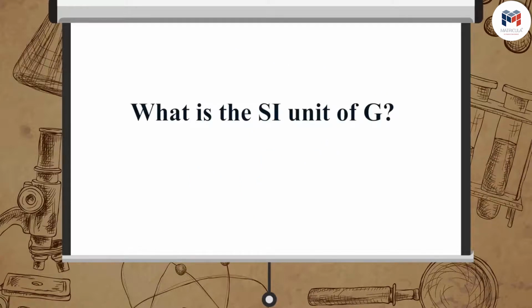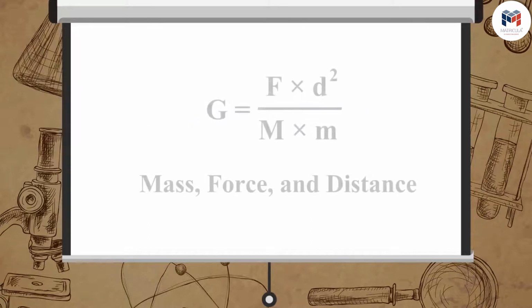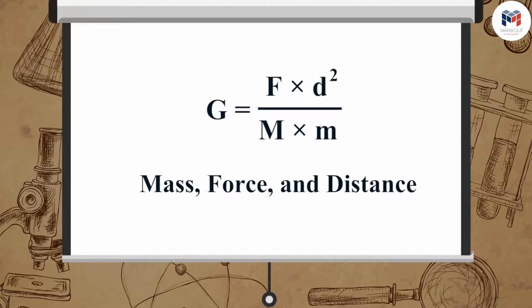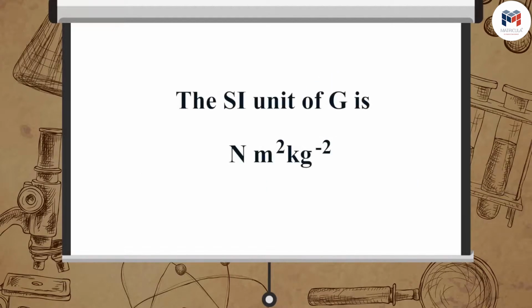Can you determine the SI unit of G from the previous equation? We can find the SI unit of G by substituting the units of mass, force and distance in this equation. The SI unit of G is Newton meter square per kilogram square.